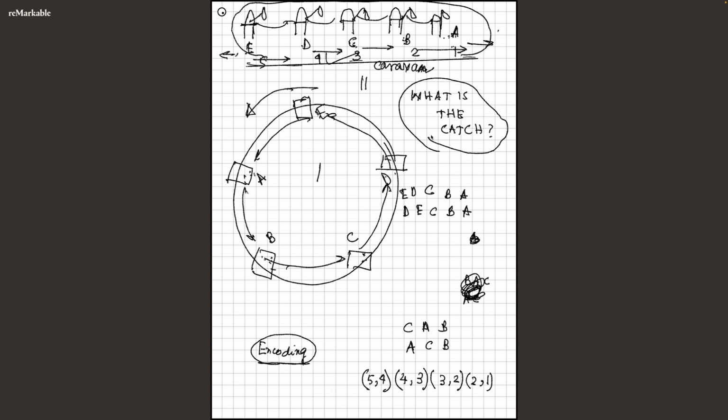This is nothing but representing 2 following 1, 3 following 2, 4 following 3, 5 following 4. This is different from 1, 2, 3, 4.